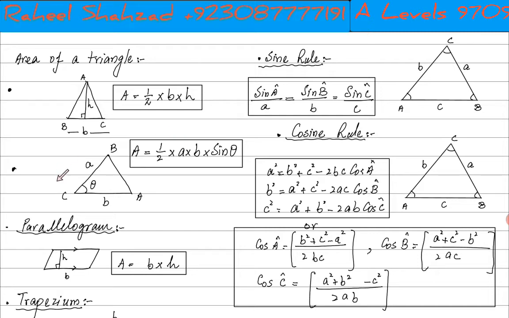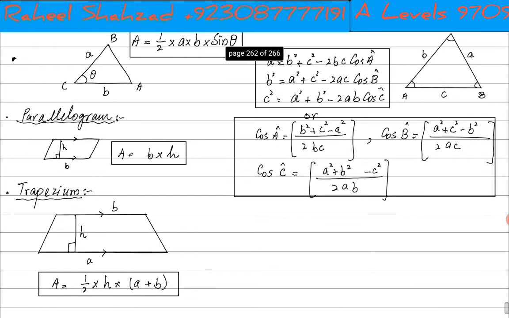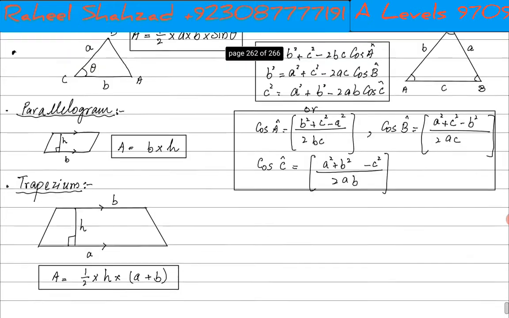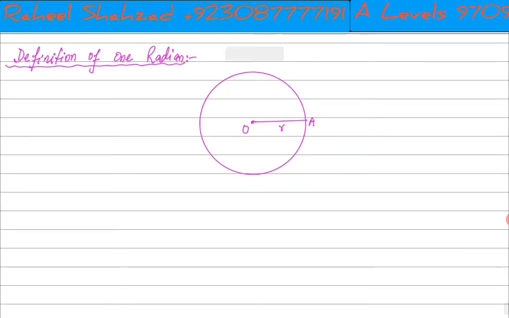You can find my previous videos on these topics, especially on area. Then parallelogram, and a trapezium, 1/2 into height into sum of parallel sides. Sine rule, cos rule, and all these formulas will be needed in this chapter. Now let's start with circular measure. First of all, we discuss the definition of a radian.